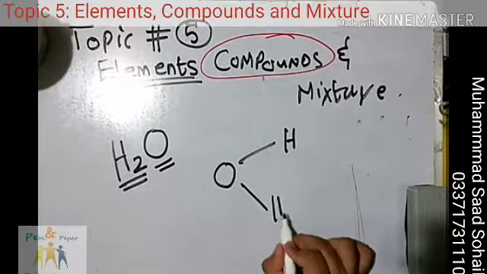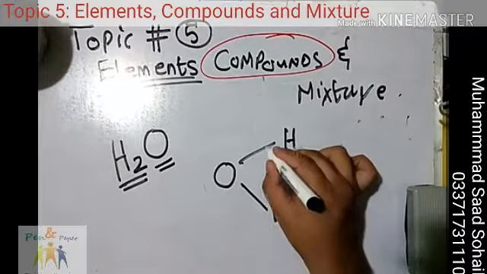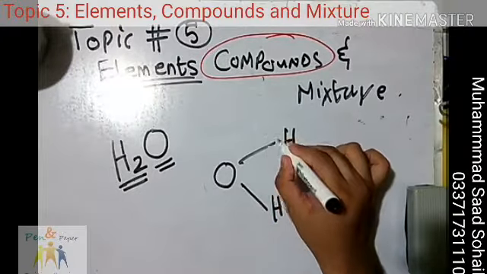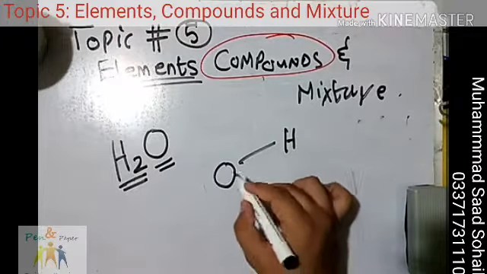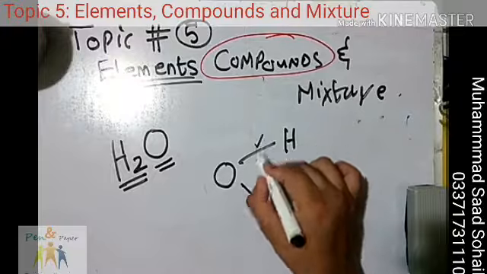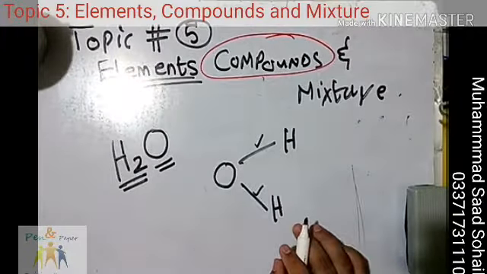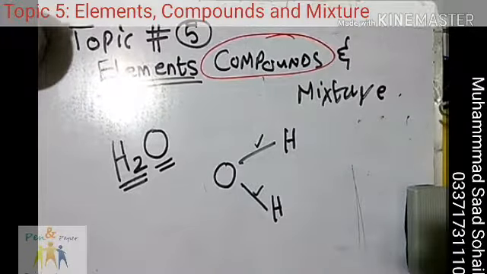These two atoms of hydrogen are bonded to the atom of oxygen with a covalent bond. We will look into the types of bonds at a later stage, such as covalent bonds, ionic bonds, or metallic bonds. But here I am just trying to tell you that atoms are bonded together to form a compound.